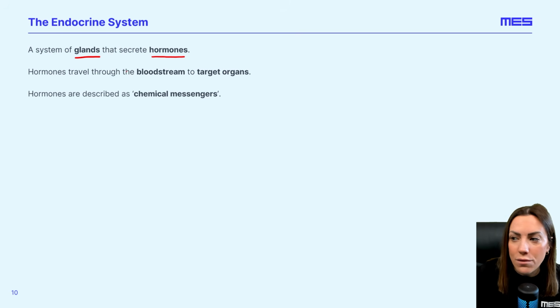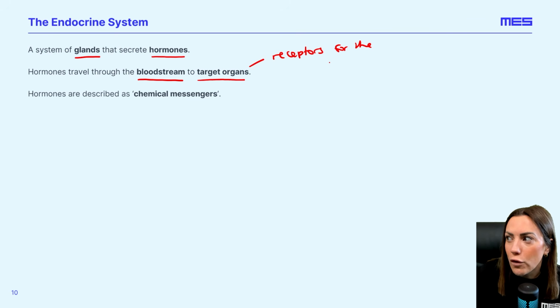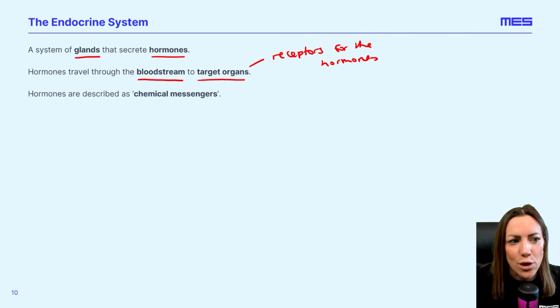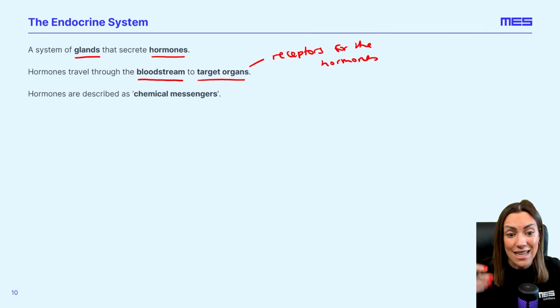Now, hormones travel through the bloodstream to target organs, because these target organs will have receptors for the hormones. So hormones don't affect every single organ in your body. They will only affect the target organs, the ones that have the receptors for that hormone.